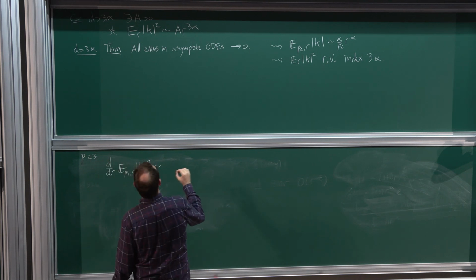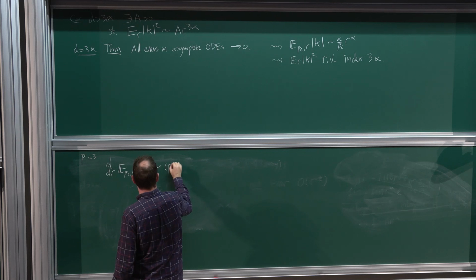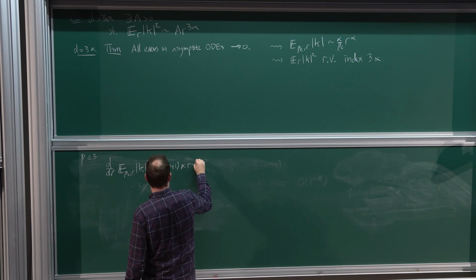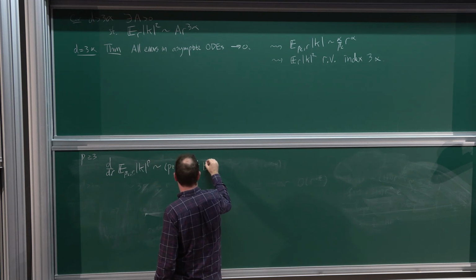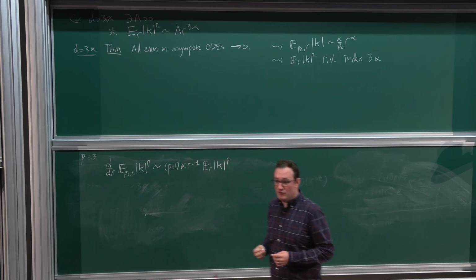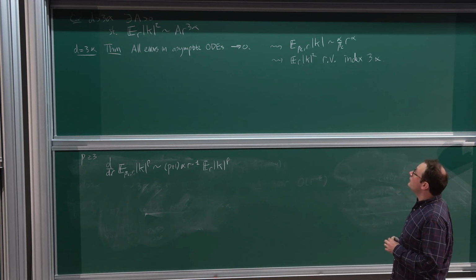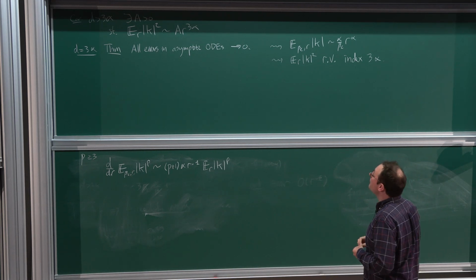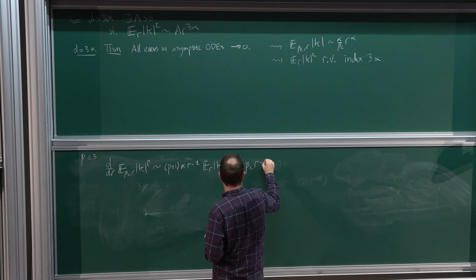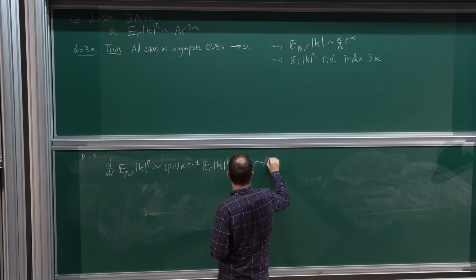We get that this is asymptotic to p plus 1 at alpha at the minus 1 times itself. Again, this is plugging in the asymptotics for the first order, for the first moment, sorry. And then we add b to c at the minus alpha minus 1.